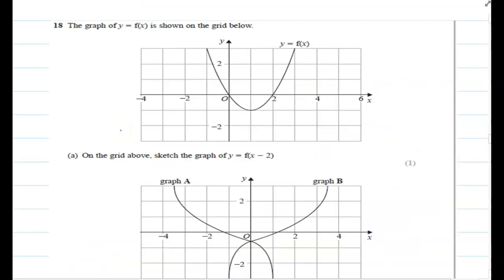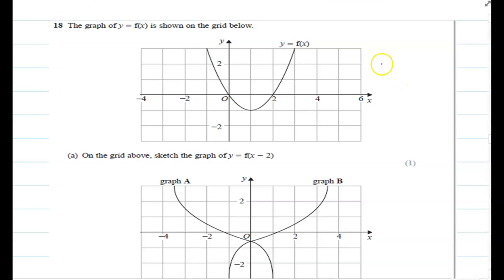The graph y equal to f(x) is shown on the grid. This is y equal to f(x), which is passing through (0, 0), and here it is x is 2 and y is 0. On the grid above, sketch f(x minus 2). So f(x minus 2) means what?